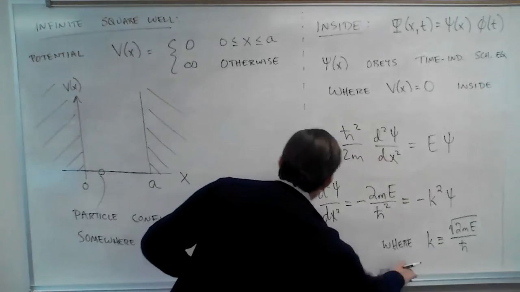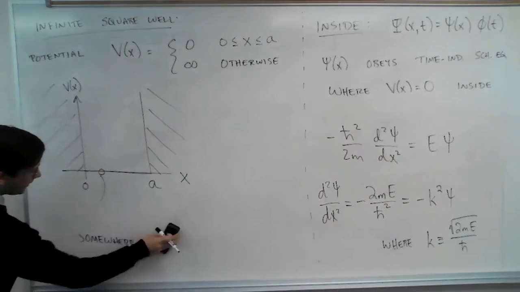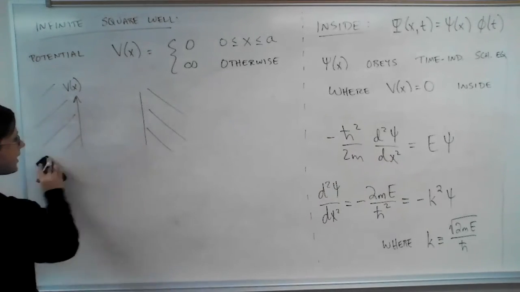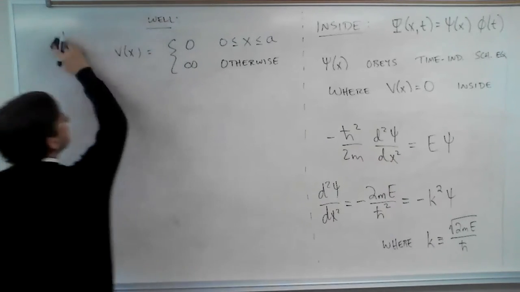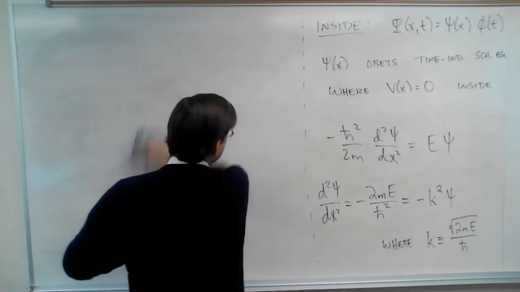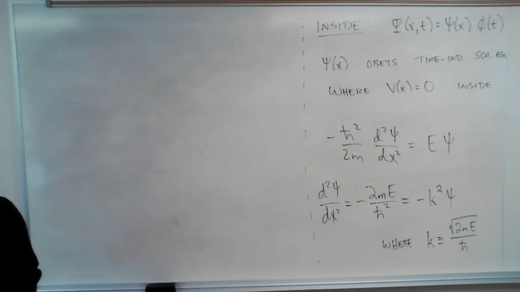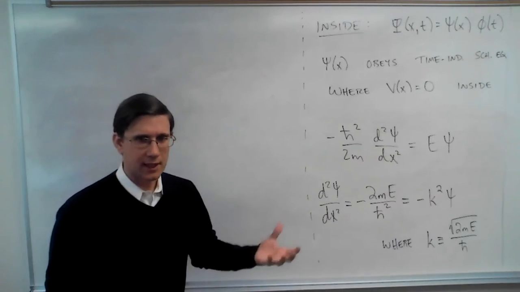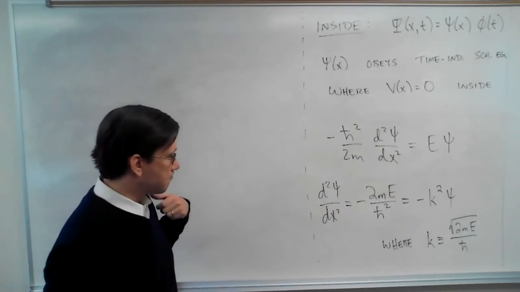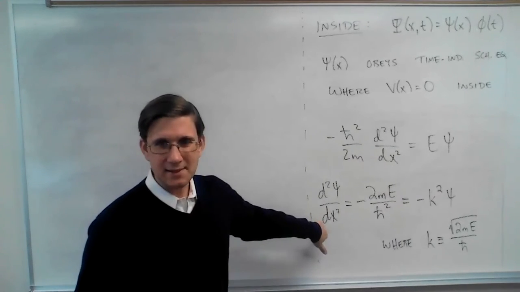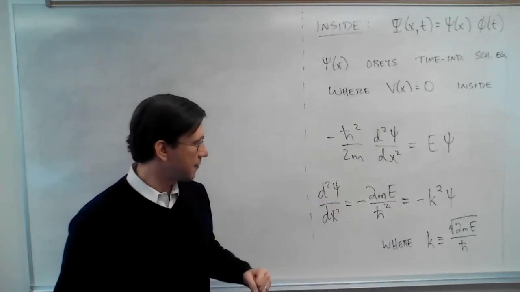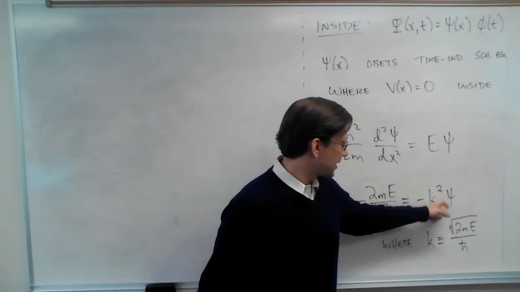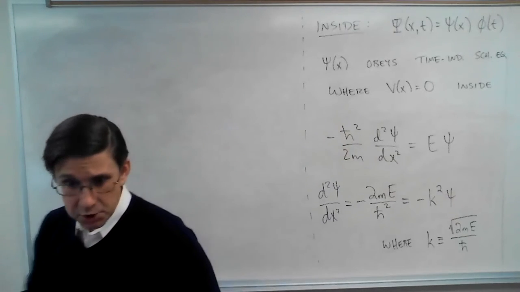The reason to write it this way is because this evokes something that is a very, very common problem in differential equation solving. If you look at this in another context, I'd like to claim that you have seen this differential equation before: the second spatial derivative of some function is equal to minus k squared times that function back again.